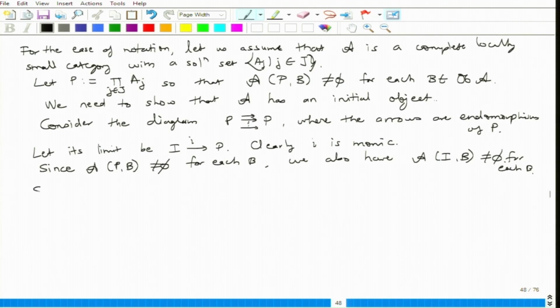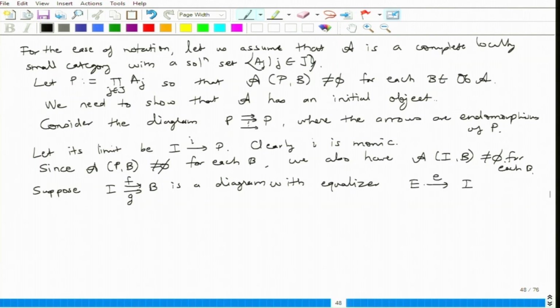Okay. So suppose from I to B we have got two morphisms. This is a diagram. Whenever you see this diagram, two morphisms, what do you do? You construct the equalizer.